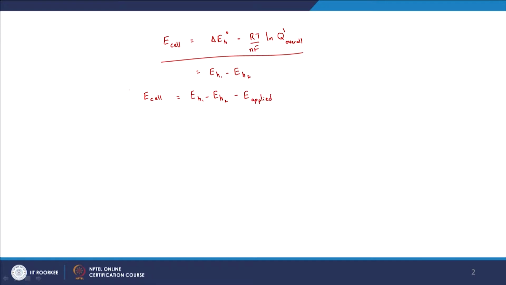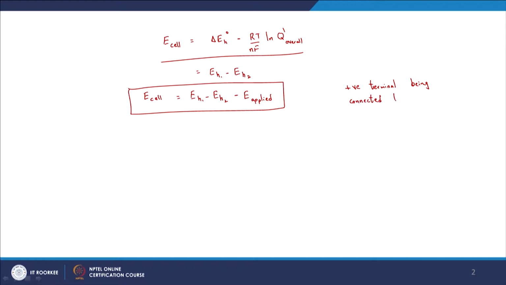But this particular standard form of using this negative term here would be contingent upon your positive terminal being connected to cell 1, and the negative one would then obviously be connected to cell 2.